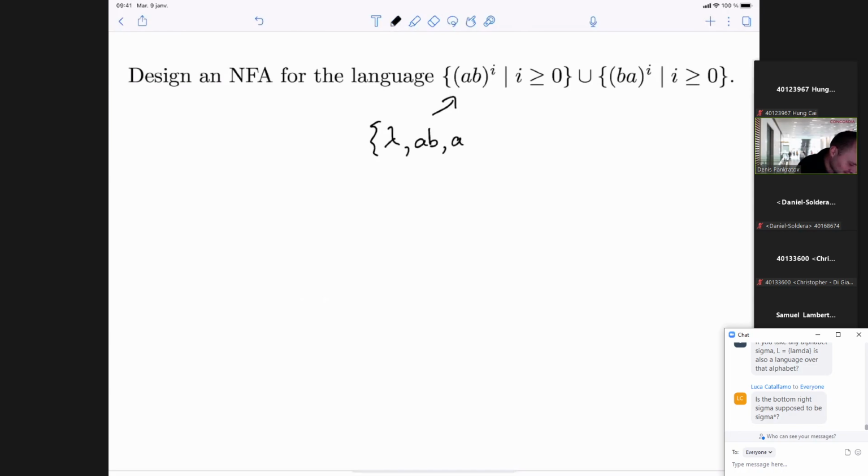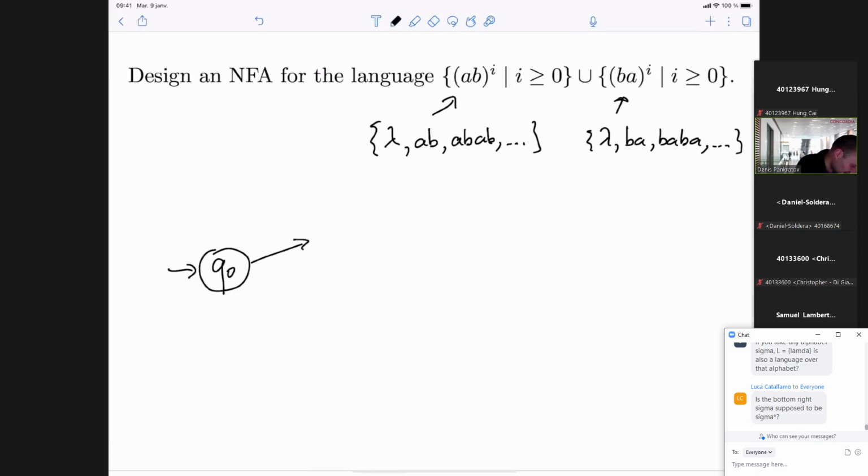The next string after that is ABAB, and so on. And the strings belonging to this language start with lambda, then the string BA, then BABA, and so on. So either you have a sequence of AB repeated or a sequence of BA repeated. You cannot mix and match, AB followed by BA. That's not allowed. So for this, we can start with our initial state, let's say Q0.